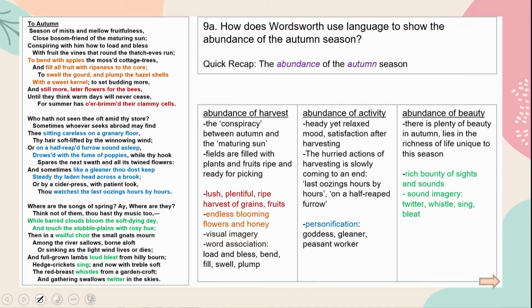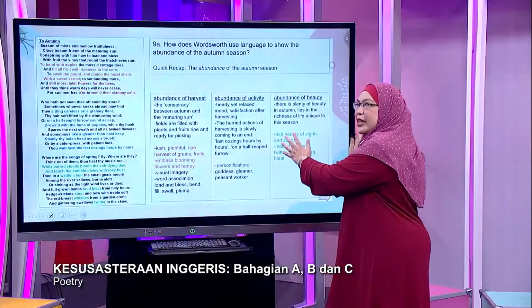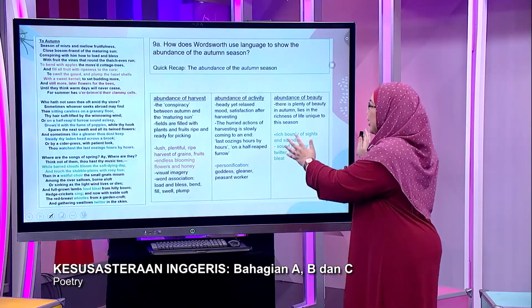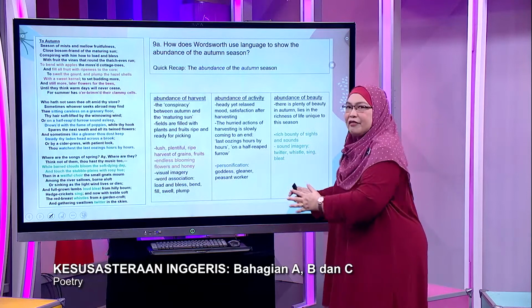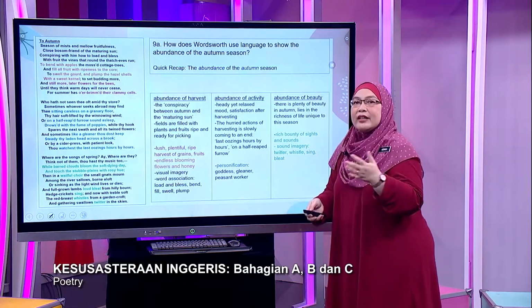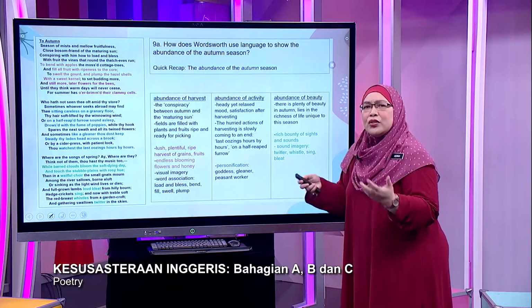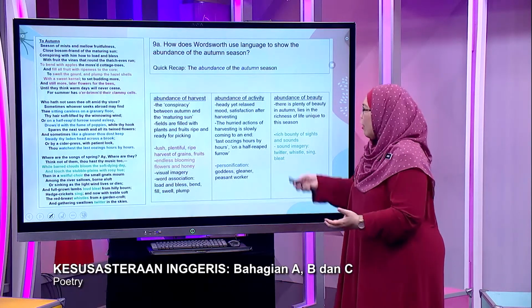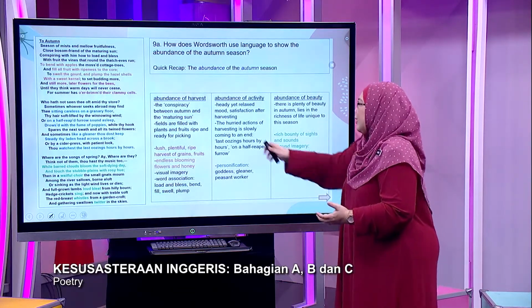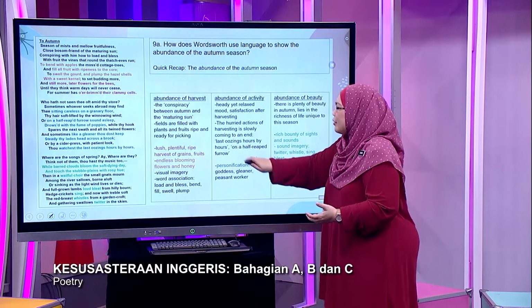So what I did was, as you can see, I mentioned here, this is like a recap for candidates. When you're looking at the harvest that takes place during the autumn season, what do you see? A lot of visual imagery. The season is lush, plentiful.